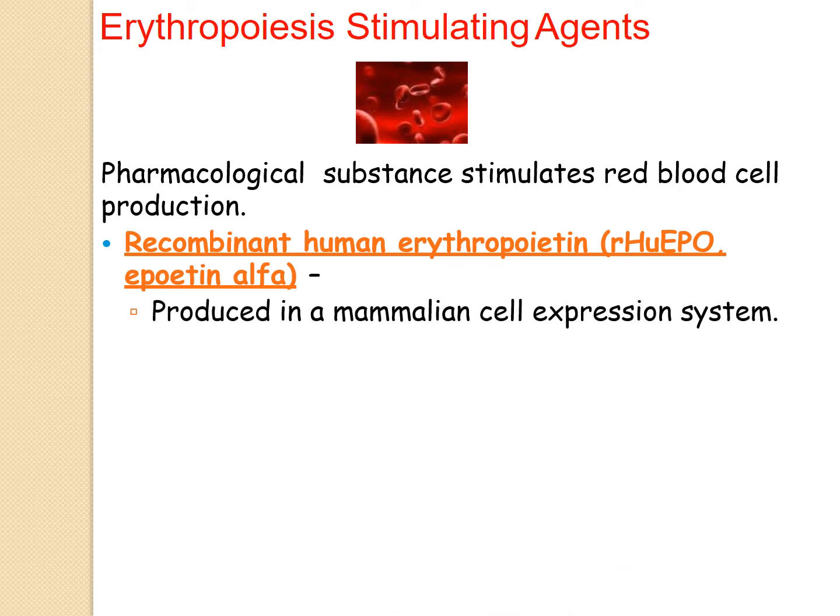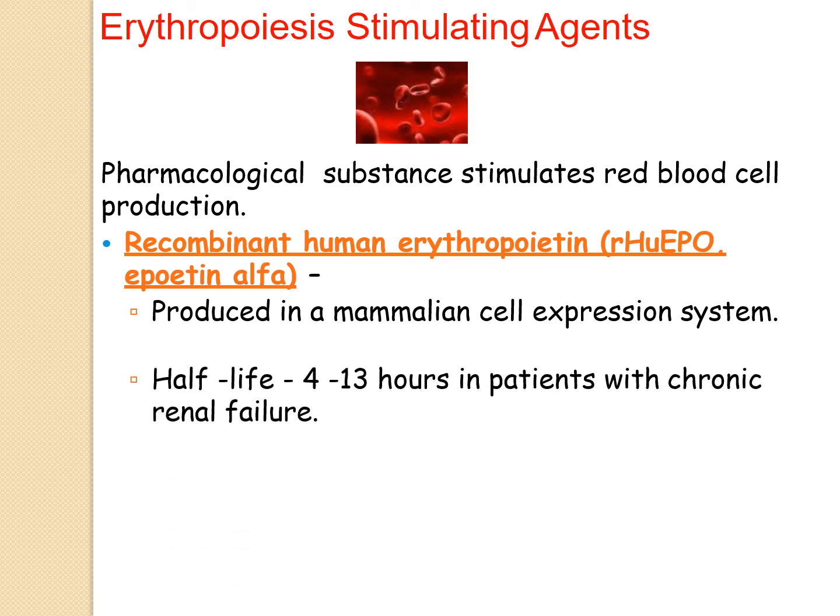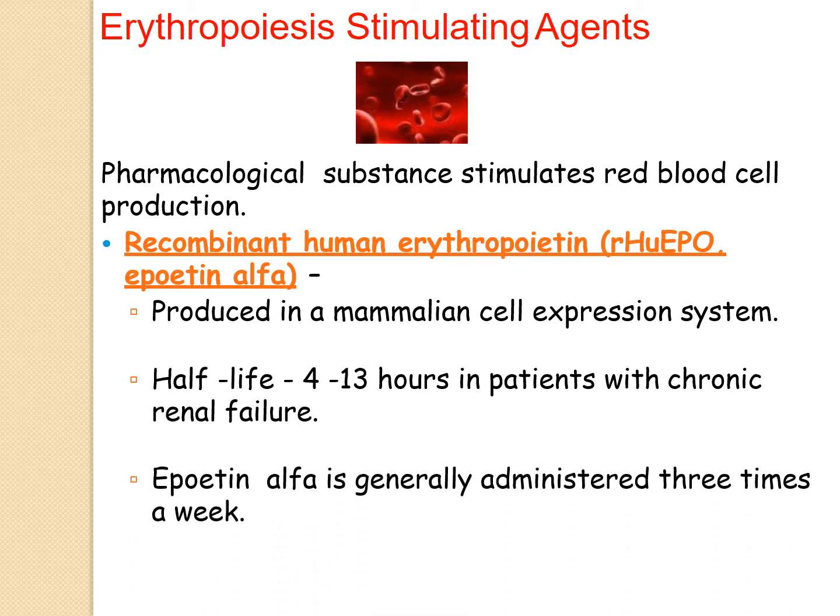It is produced in a mammalian cell expression system. Half-life is 4 to 13 hours in patients with chronic renal failure, and epoetin alpha is generally administered 3 times a week.